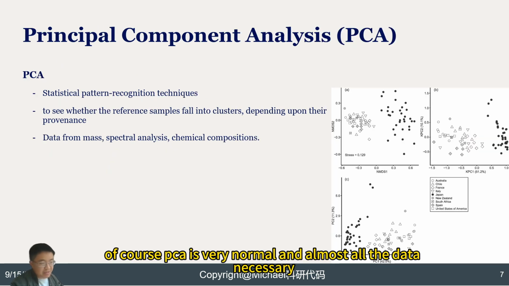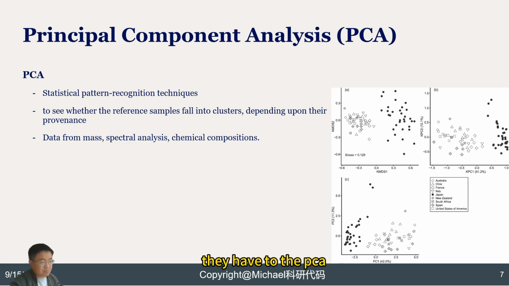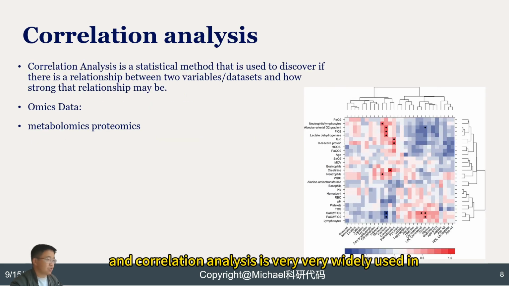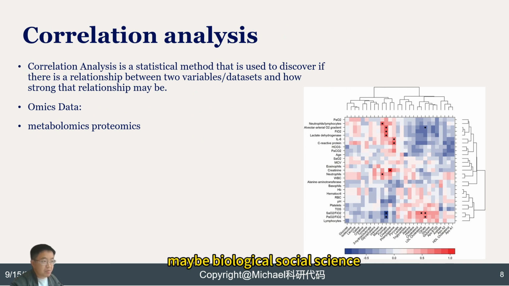Of course, PCA is very normal, and almost all data analysis papers have to use PCA. And correlation analysis is very widely used in biology, social science, and a lot of other fields.